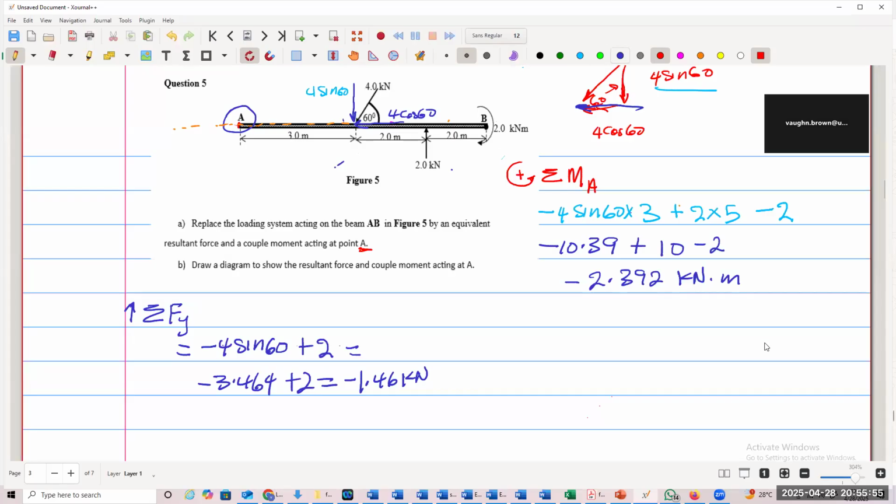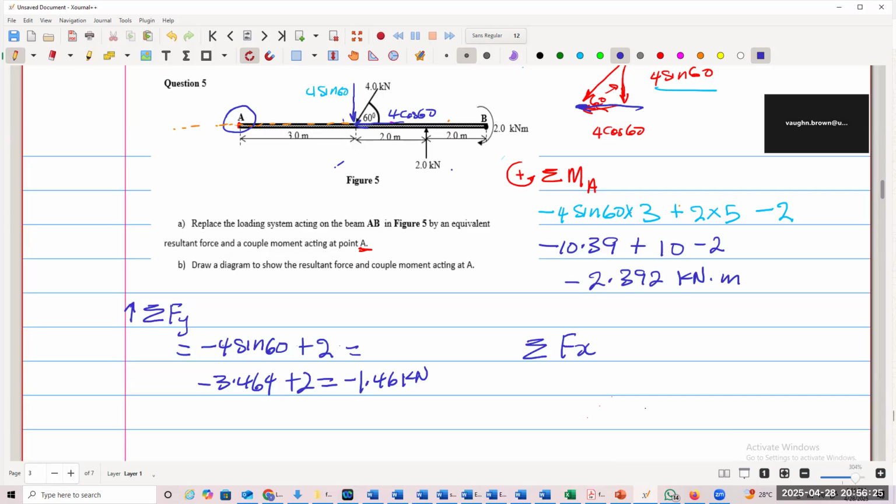All right, so let's go. You sum all the forces in the y, you get that. You take the moment about A and you get that, because that's your coupling moment about A. What about the x? Sum of the forces in the x. For the 4 kilonewton force, you have one going in the negative, 4 cos 60.